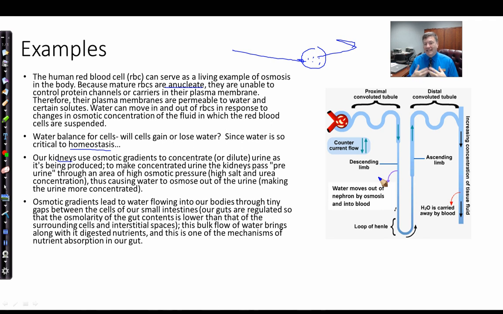You filter out a lot of water in part of your kidneys, and if you did not recapture that water somehow, you'd be peeing out gallons and gallons of water a day. It's not a very good thought. So water is pulled back out of your nephrons by osmosis. Essentially out here, you have lots and lots of sodium, and that attraction pulls water out, and then it goes into your bloodstream and you carry it away.